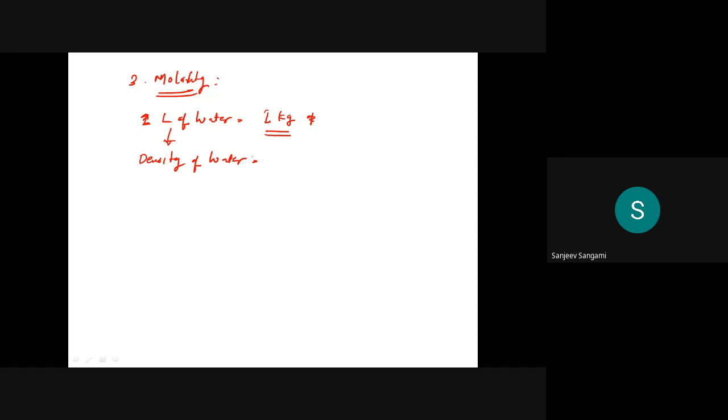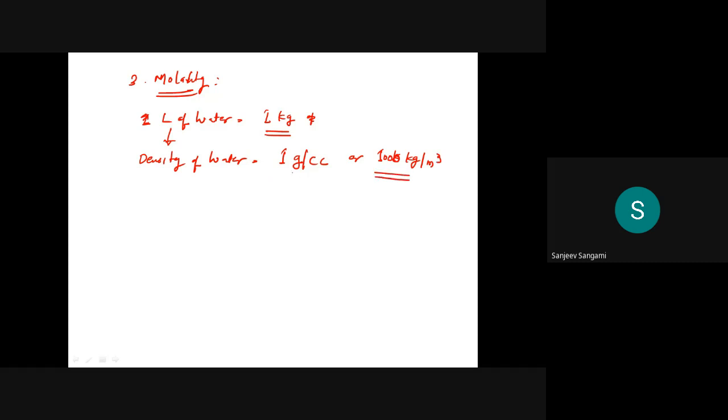The density of water is 1 gram per cc, or 1000 kg per meter cube. This is our standard.